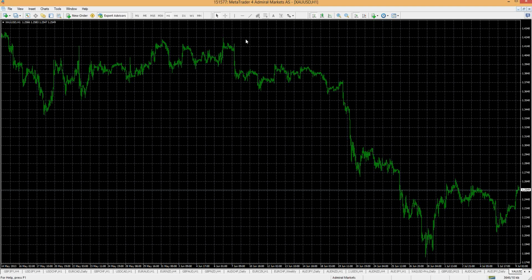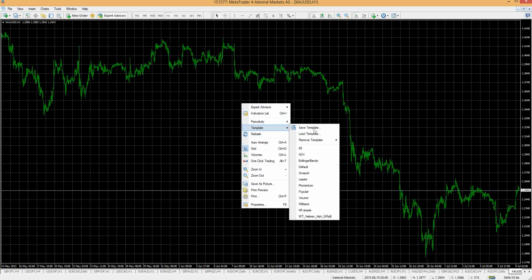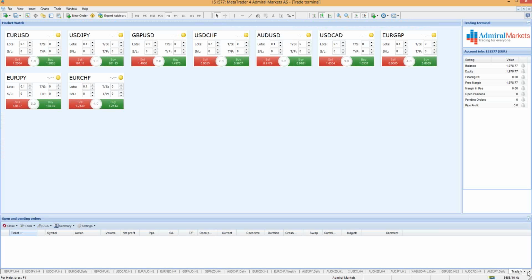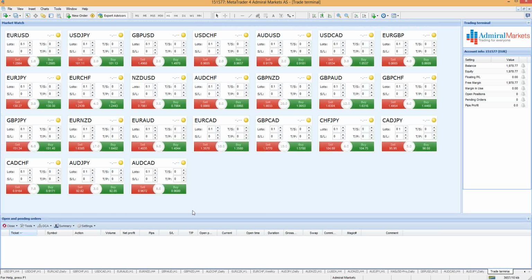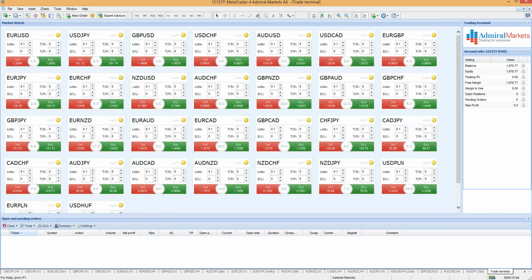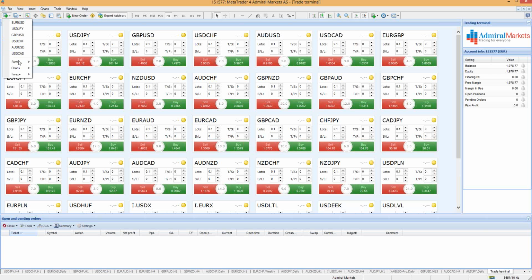Let me quickly put a template on it. One second, I'll restart it again.